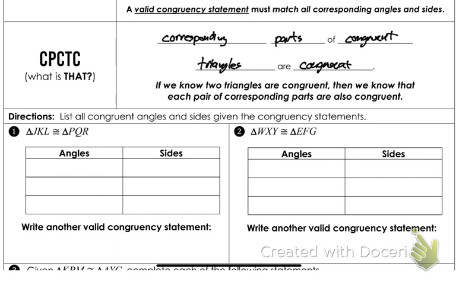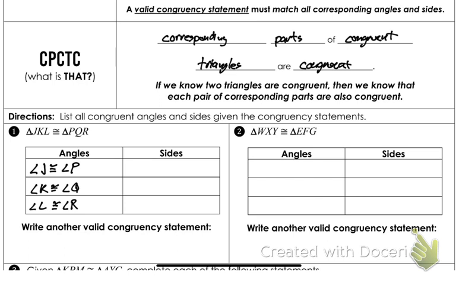P. So that means angle J is congruent to angle P. Second letter is K. What's our second letter in the other triangle? Q. So K is congruent to Q. And finally, we're left with our last letter, L, which needs to be congruent to R.